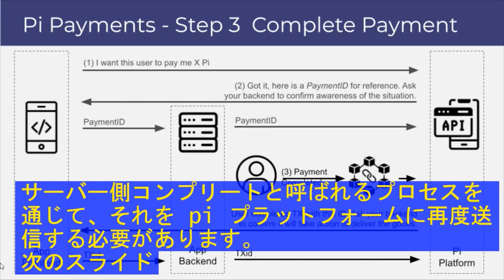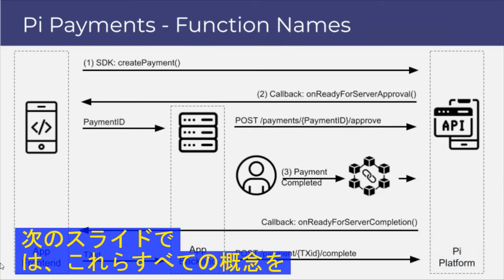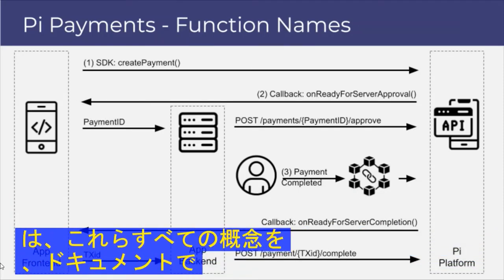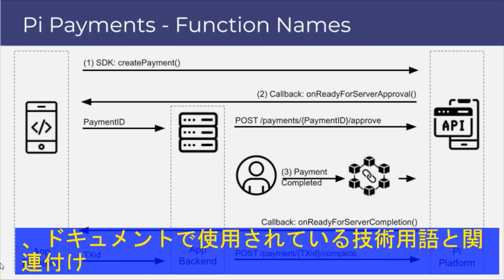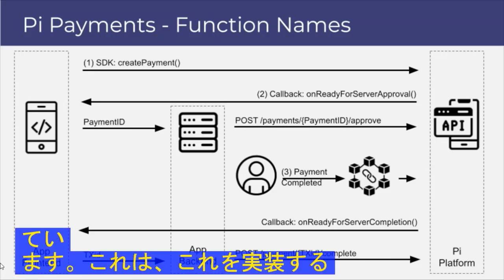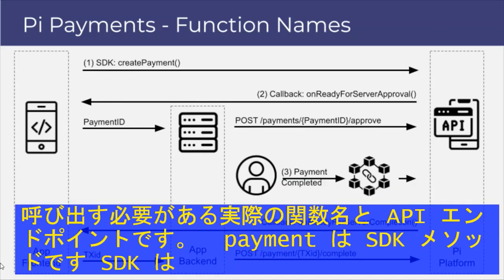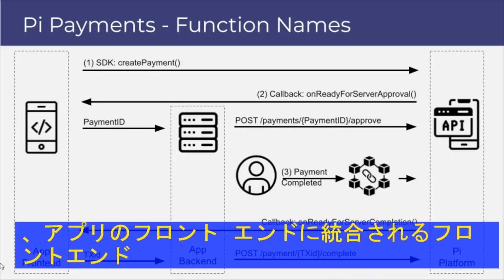Now, on the next slide, we are linking all of these concepts with technical terms that are used in our documentation and that are the actual function names and API endpoints that will have to be called in order to implement this. So number one, to create the payment is an SDK method, SDK meaning the front-end JavaScript library that gets integrated into the app front-end.